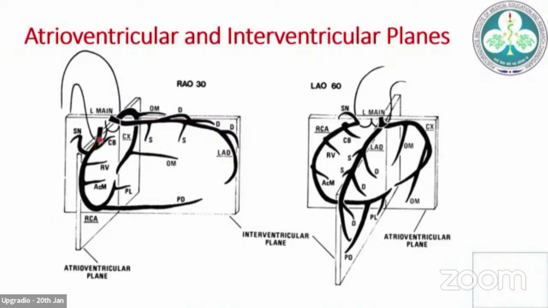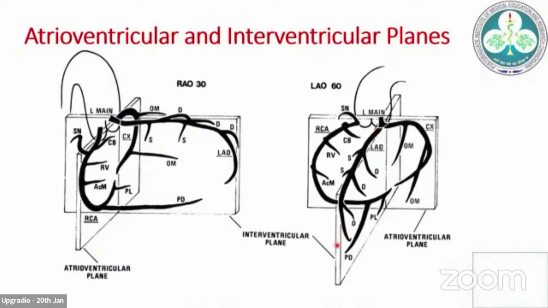So here you see, this is the right coronary artery. Basically, this is, one can say, the RAO view. This is the right coronary artery, which goes into the atrioventricular groove, and the same is true for the left circumflex. Both vessels go into the atrioventricular groove. And then this is basically the LAO cranial, where this is the LAD, which goes into the interventricular septum.